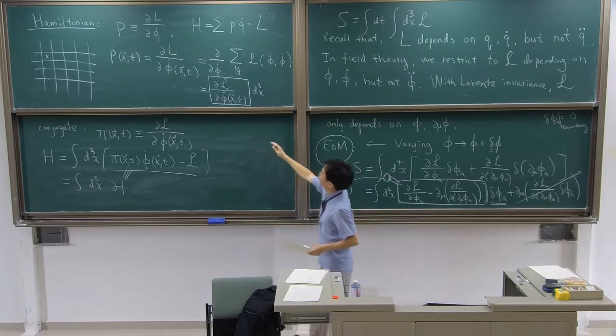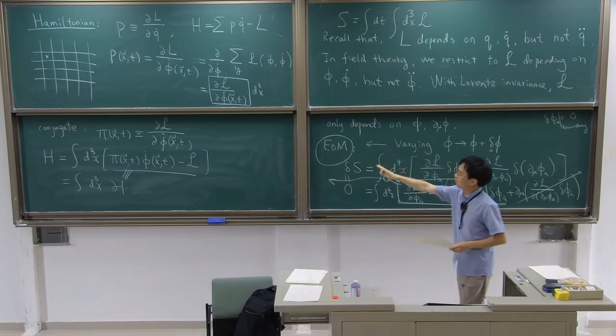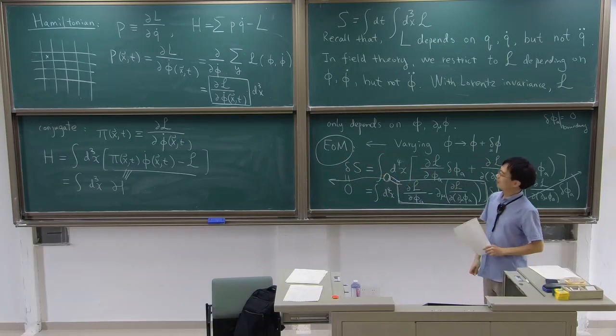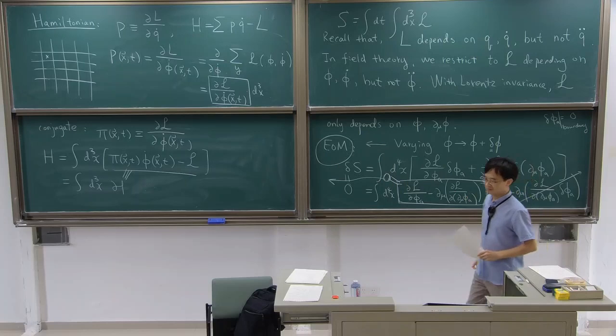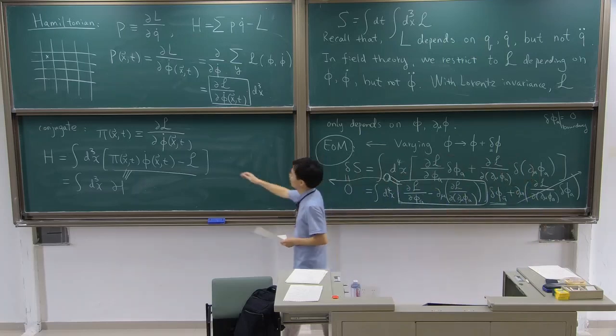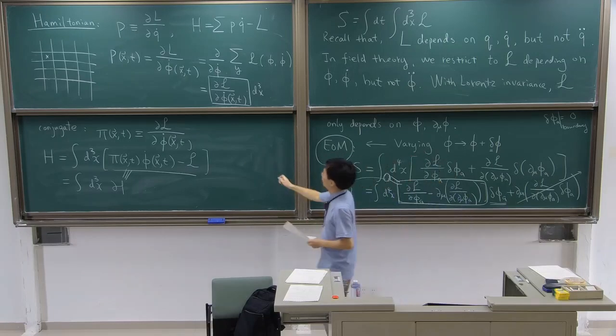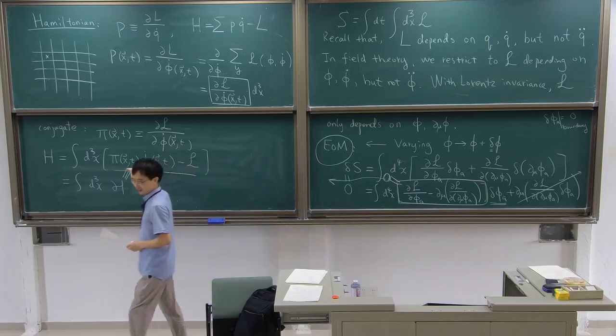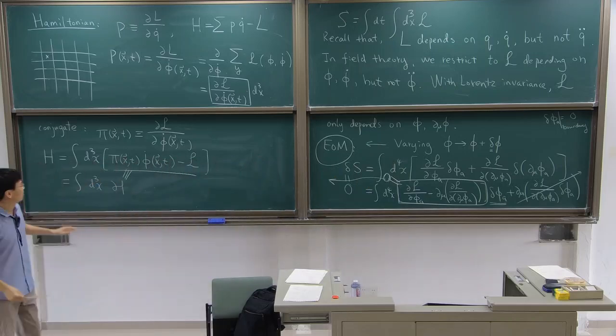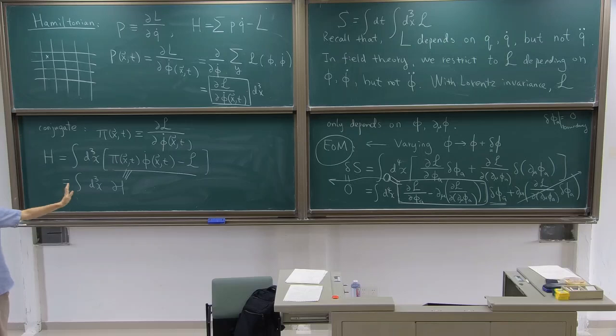Now, this is quite abstract. I just try to clarify in another Hamiltonian language the connection with the Lagrangian. You might sometimes get confused, because sometimes I use phi dot, sometimes I use pi.